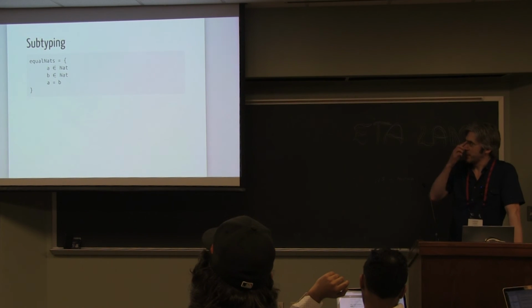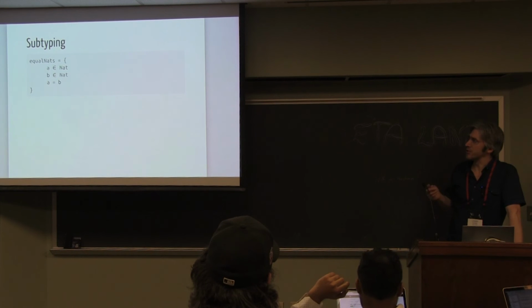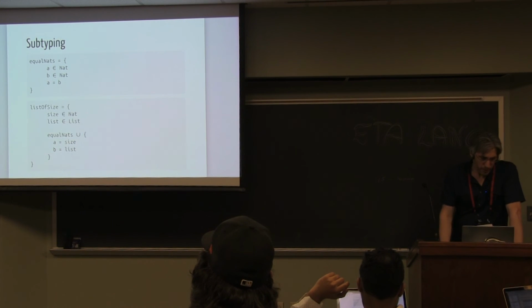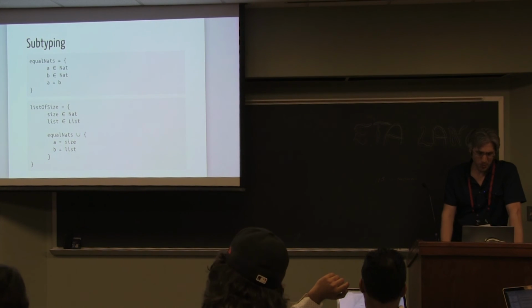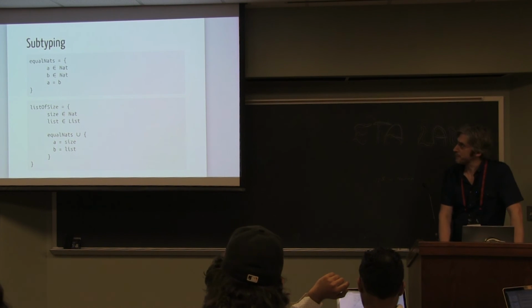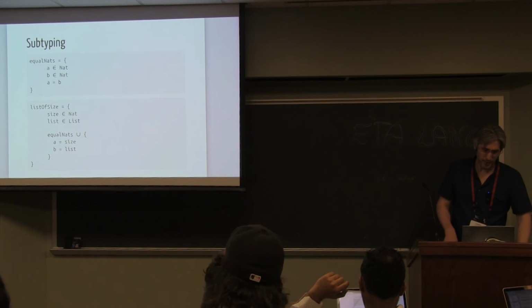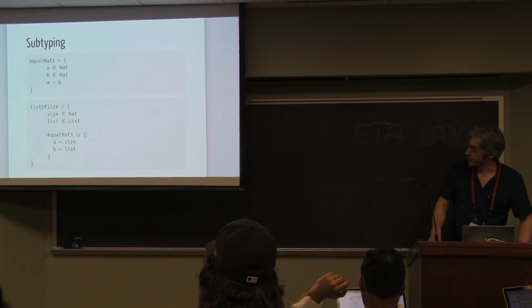So it might seem a bit of a tautological invariant. Why do we do that? So one way of using this is, for example, if we want to constrain the size of the list to a particular size. So we have size is a member of natural, and list is a member of list, which we already created.